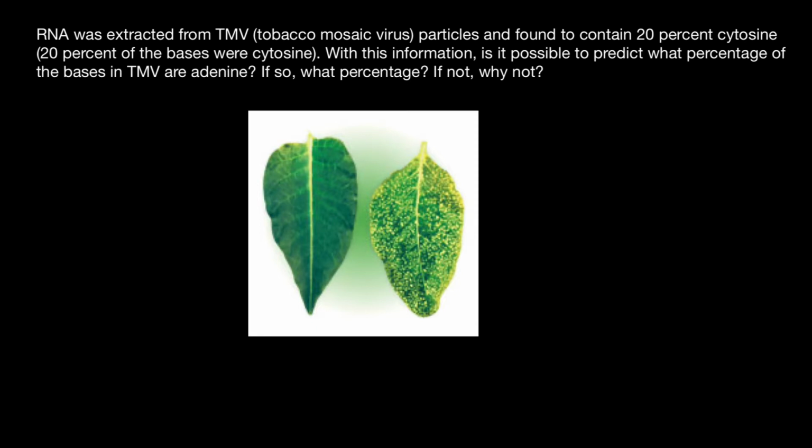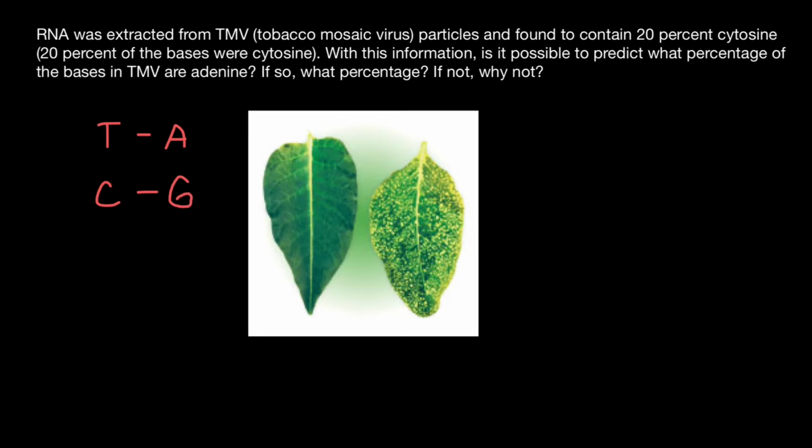Some of you may think that, in order to solve this problem, we can use Chargaff's rule. According to Chargaff's rule, thymine base pairs with adenine and cytosine base pairs with guanine.